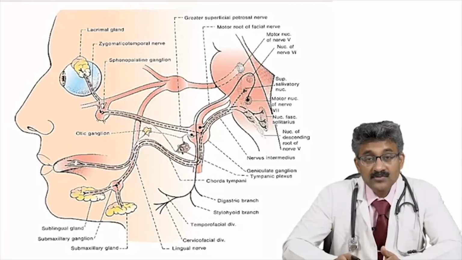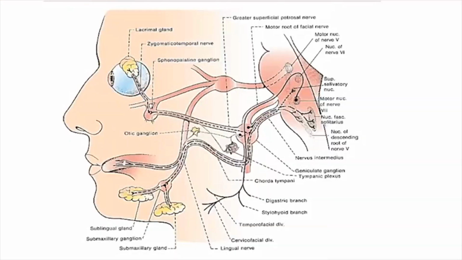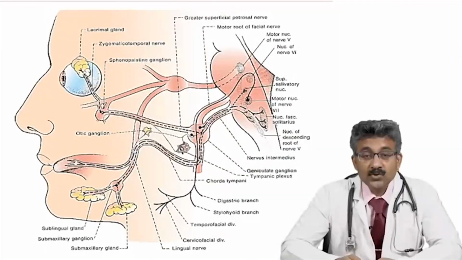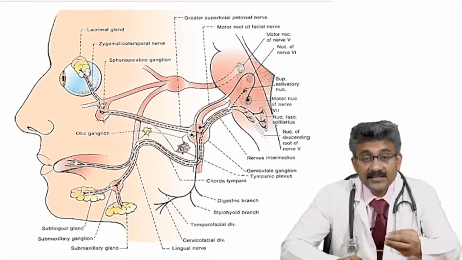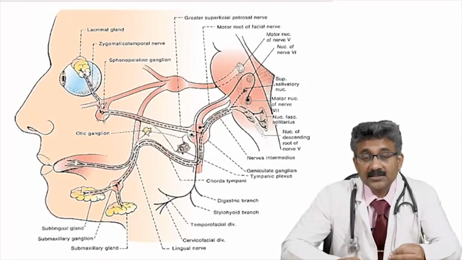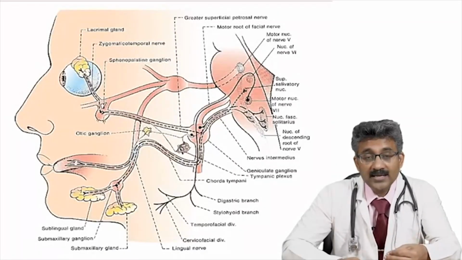Okay, this frontal lobe connection to the facial nuclei helps only during emotional time, whereas the precentral connection from the cortex helps during volitional. So what is dissociation facial nerve palsy? You see, the nucleus of the facial nerve in the pons has connection from the frontal lobe and also from the precentral lobe. Okay, the frontal lobe connection helps during emotions, whereas the precentral connection helps during volitional movement.